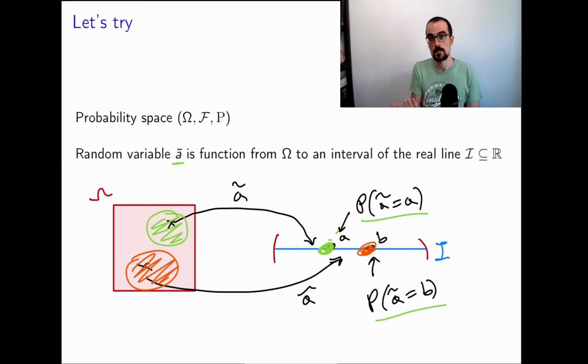The pre-images of each of them, their union, have to cover the whole sample space, and as in the case of the discrete random variable, they also have to be disjoint because the function can only map to one of the values. The function cannot map the same outcome to A and B simultaneously.